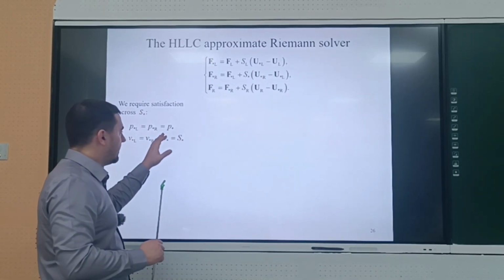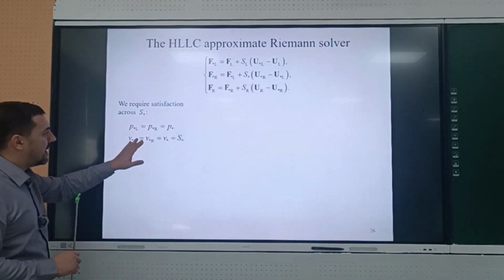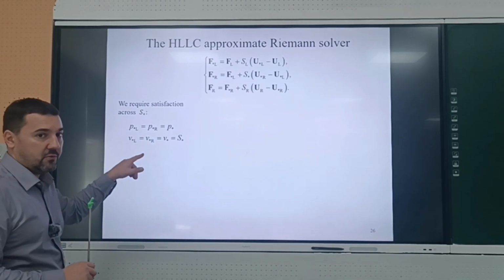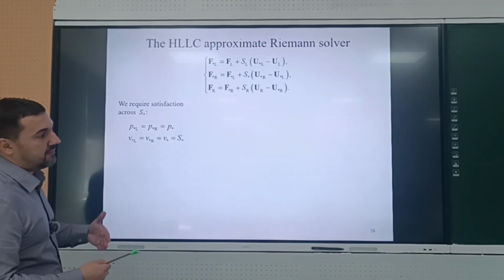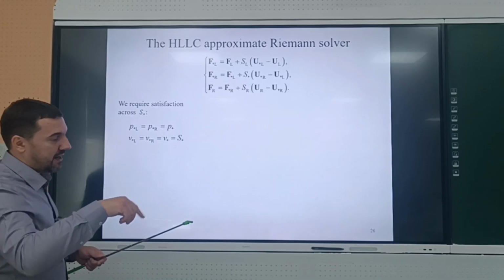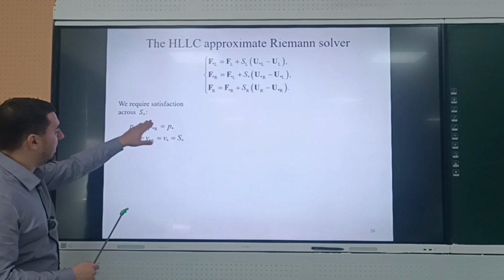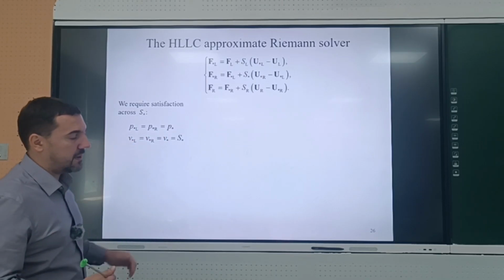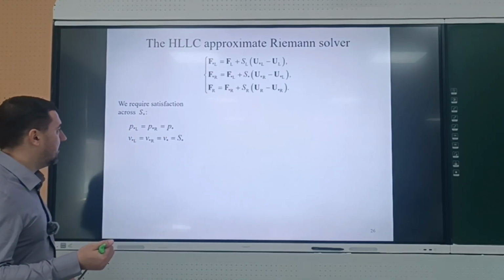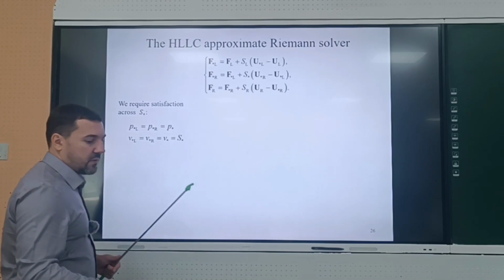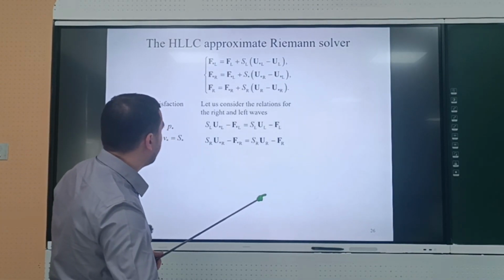The discontinuities without mass flow through them are called contact discontinuities. And immediately, if you say that V minus D equals 0, you will get that the velocities should be continuous, and the pressure should be continuous as well across this contact discontinuity. So this is the first requirement, and the second requirement.